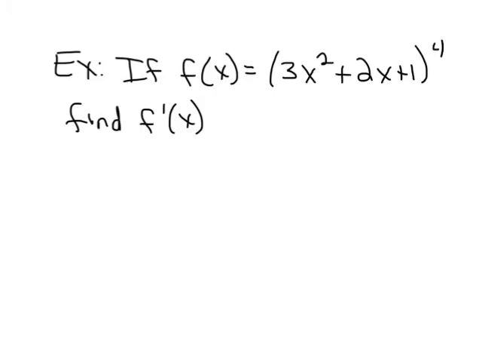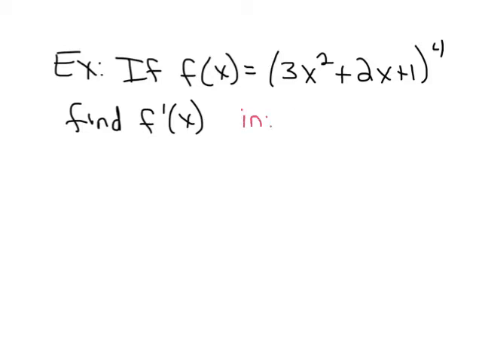So here we have our first example. It says if f of x is equal to 3x squared plus 2x plus 1, that entire polynomial expression being raised to the 4th power, I want to find the first derivative of that. Well, I can break this up into 2 functions. I can have an outside function and an inside function. It's pretty easy to recognize the inside function.